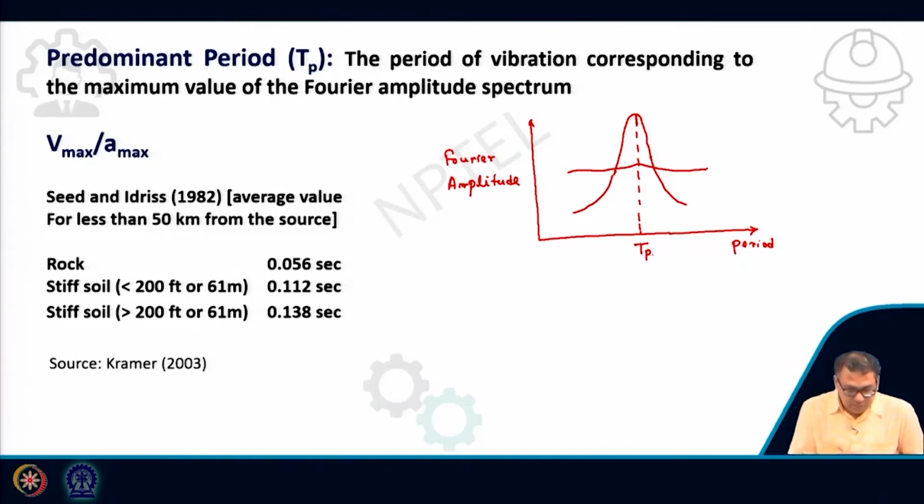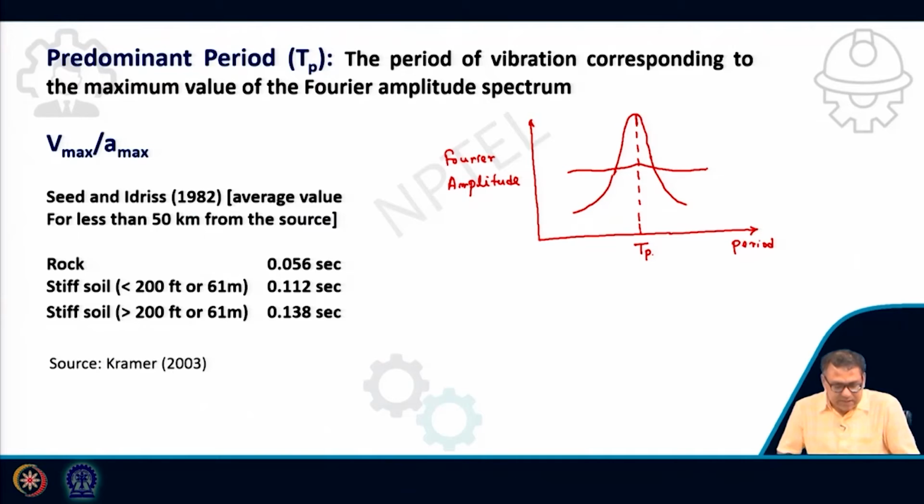That is one observation. Now the next one is the value of Vmax by Amax. Vmax is the maximum velocity, Amax is the maximum acceleration, that is your PGA or PHA, peak horizontal acceleration. So that can be written as Vmax by Amax, maximum velocity divided by maximum acceleration.